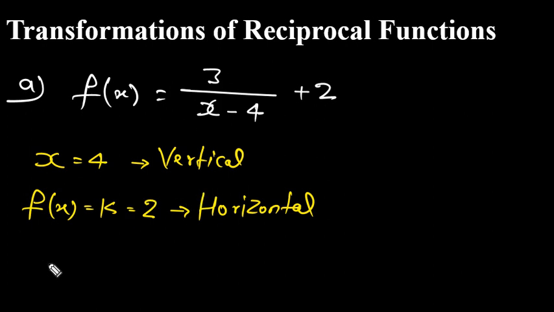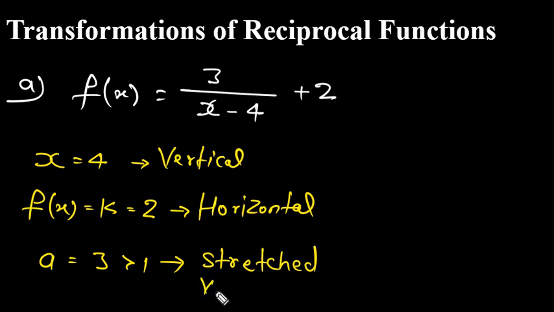Now what is a? A is 3, and which is more than 1, right? More than 1, so will it be stretched or compressed? It will be stretched vertically. Will there be any reflection?